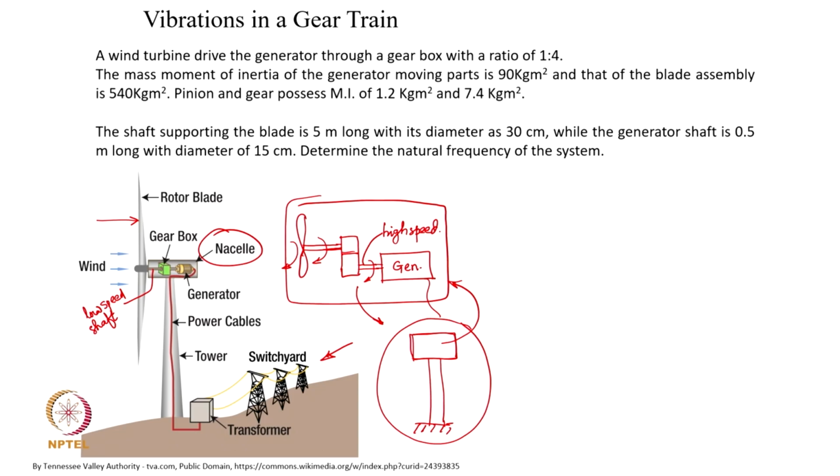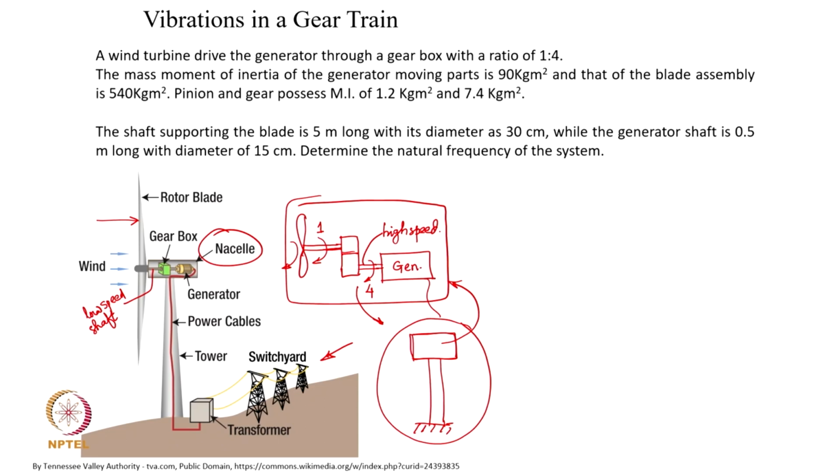It says that this wind turbine drives the generator through a gearbox with the speed ratio of 1:4, which means that if the low speed shaft spins at 1 unit rotational speed, the speed at the output of the gearbox is going to be 4 units. Okay. So, 1 RPM stepped up to 4 RPM, that is the gear ratio.